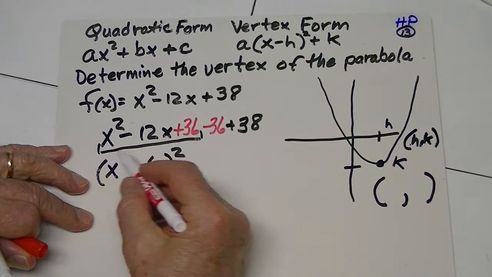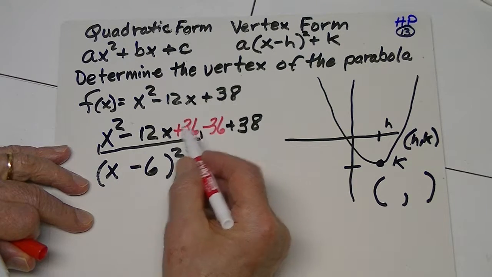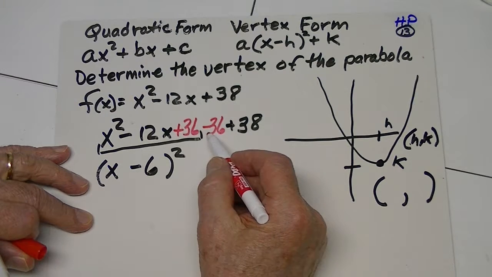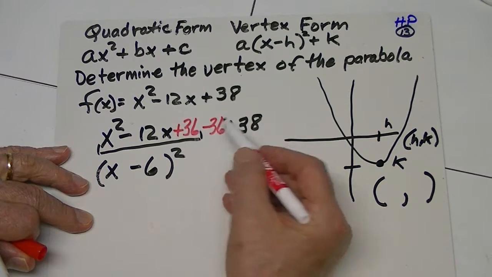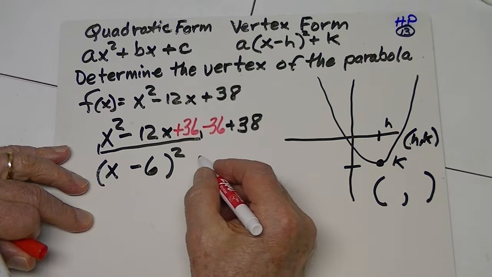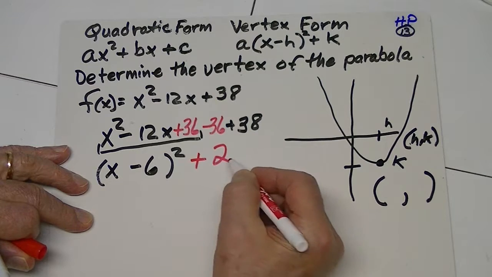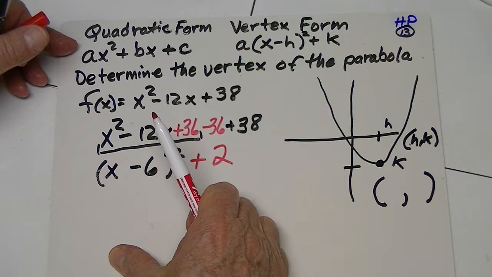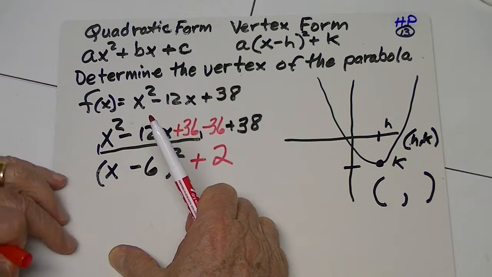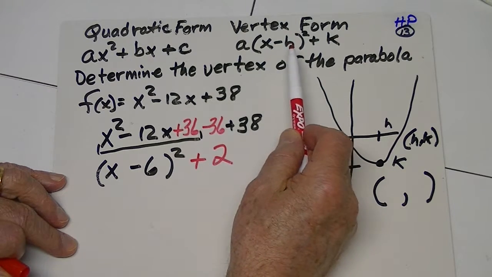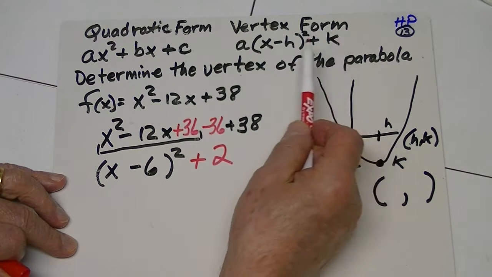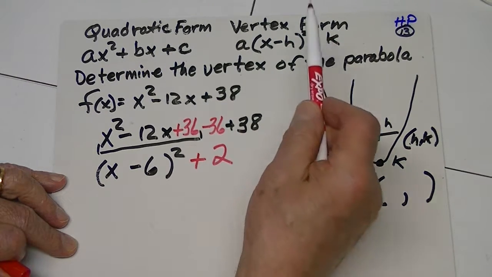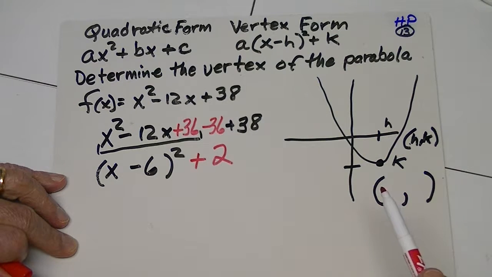Now, this part, when we do factor it, it becomes a binomial square. And here, we're now going to do our addition. A negative 36 and a positive 38 gives me a plus 2. Well, would you believe then we've converted from the quadratic form to the vertex form? So we can pick out from this formula what the h value is and what the k value is, and that is our vertex.